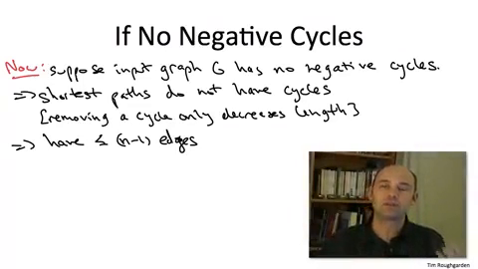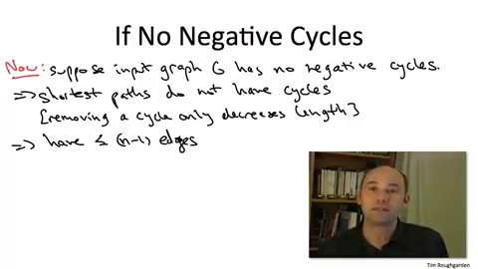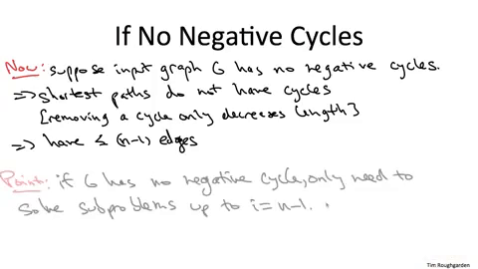Well, it tells us we only need to evaluate subproblems for values of I up to n-1. There is no point in giving a subproblem a budget bigger than n-1 edges if there are no negative cycles. It's not going to be useful. You're guaranteed to have already found the shortest path by the time I has gone as large as n-1.